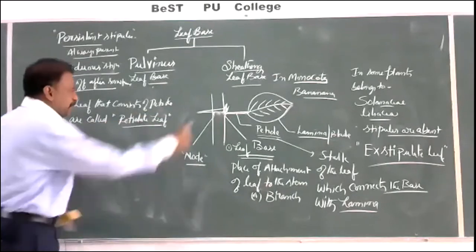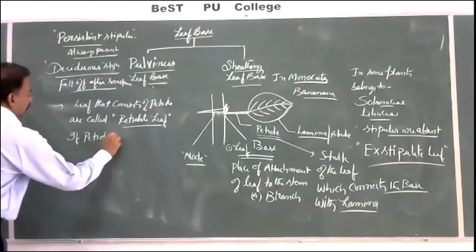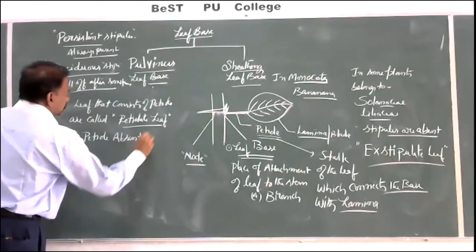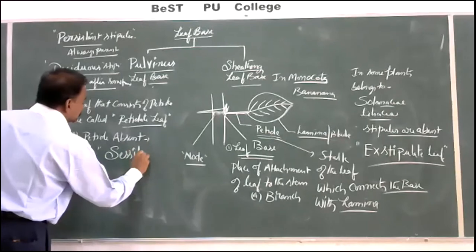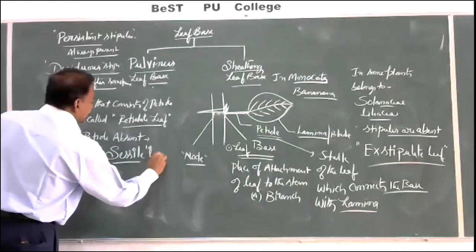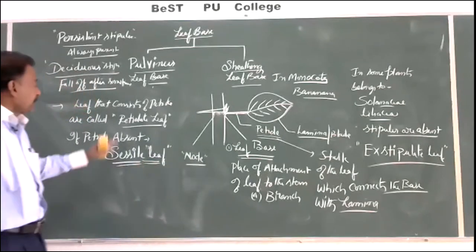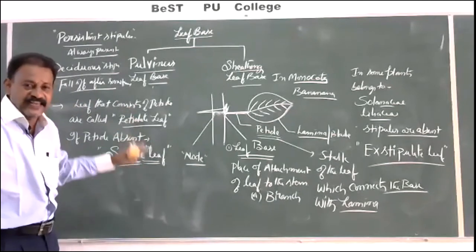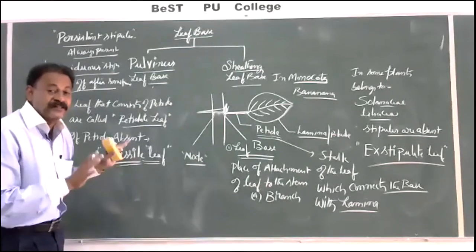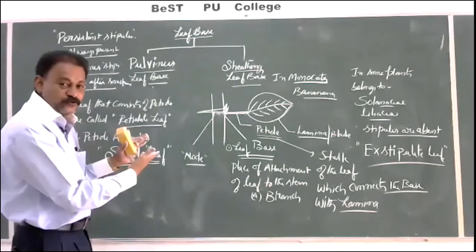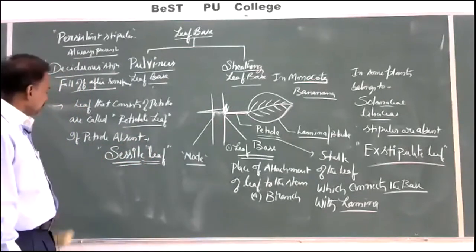If petiole absent, sessile leaf. What is the definition of sessile leaf and petiolate leaf? Petiolate leaf means a leaf having petiole. Sessile leaf means a leaf does not have petiole, directly lamina is attached to the base. Petiole absent.